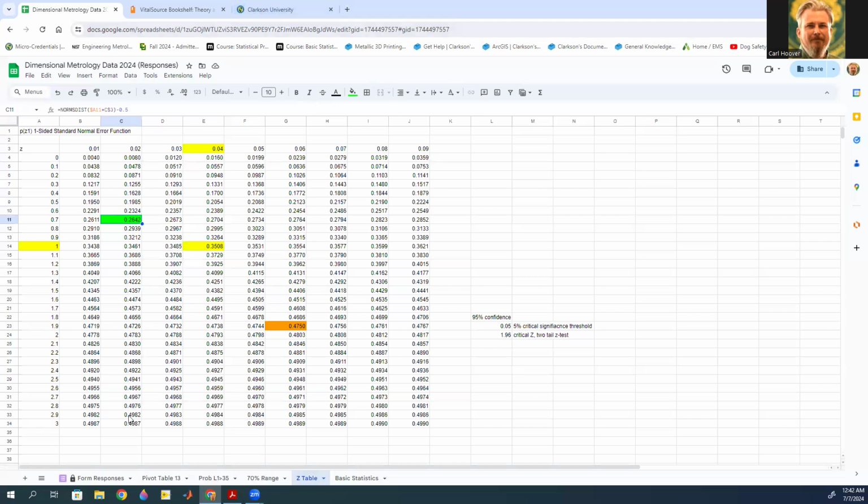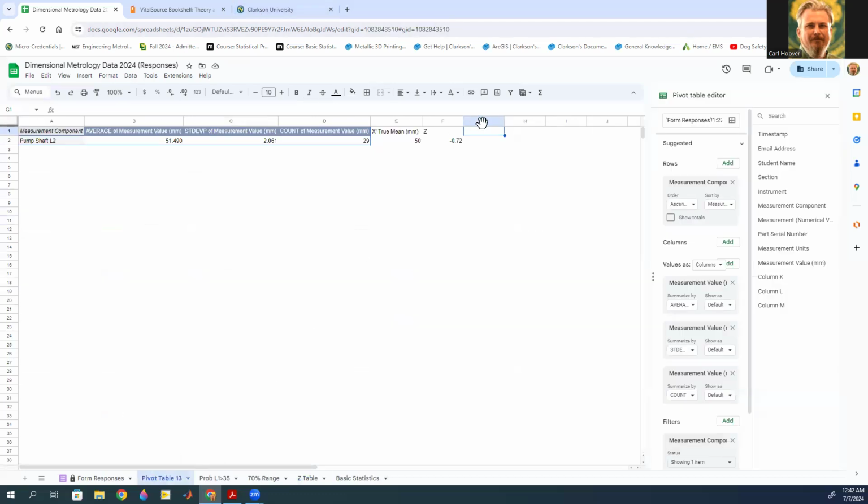And so come back here. So P of Z one-sided is 0.2642 or 26.42%.